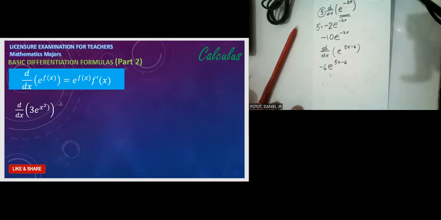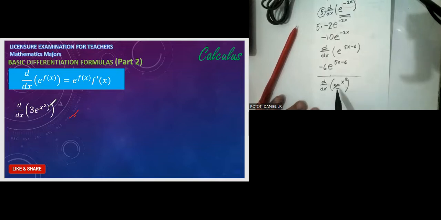Now, let's try to look at this question here. As you can see, this one now is different because the f of x is actually the power of the quadratic function. But it's precisely the same thing. So let's try to copy that for a while. We have there e raised to x squared times 3 here.